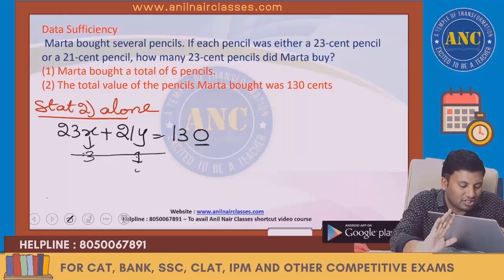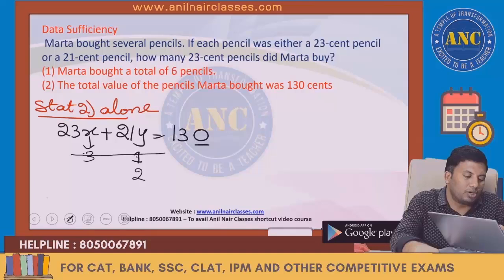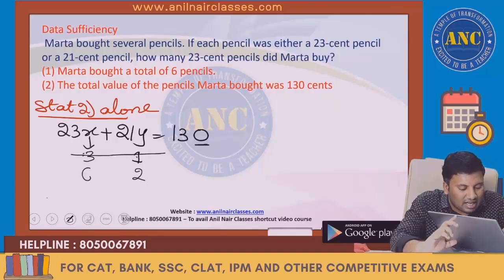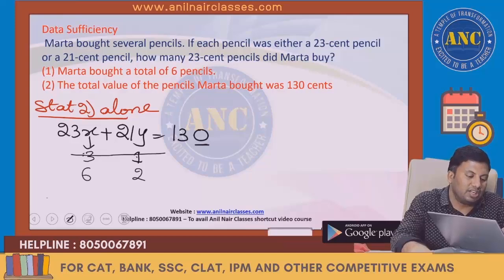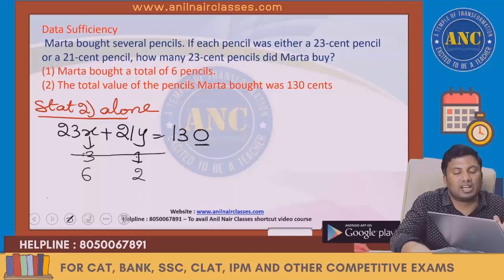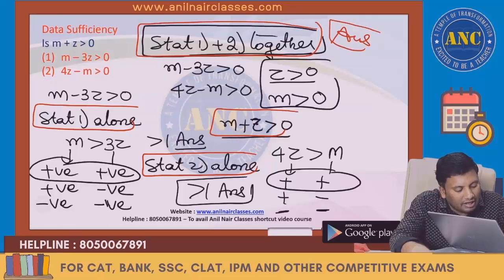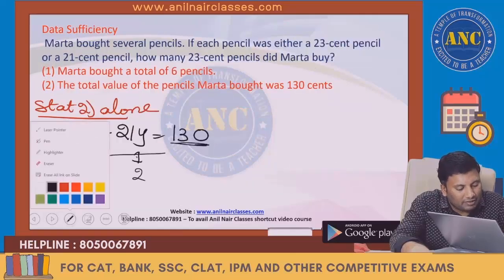If y is 2, I should get 8: 23 sixes are 138 plus 42 is 180, but I want 130. Not possible.